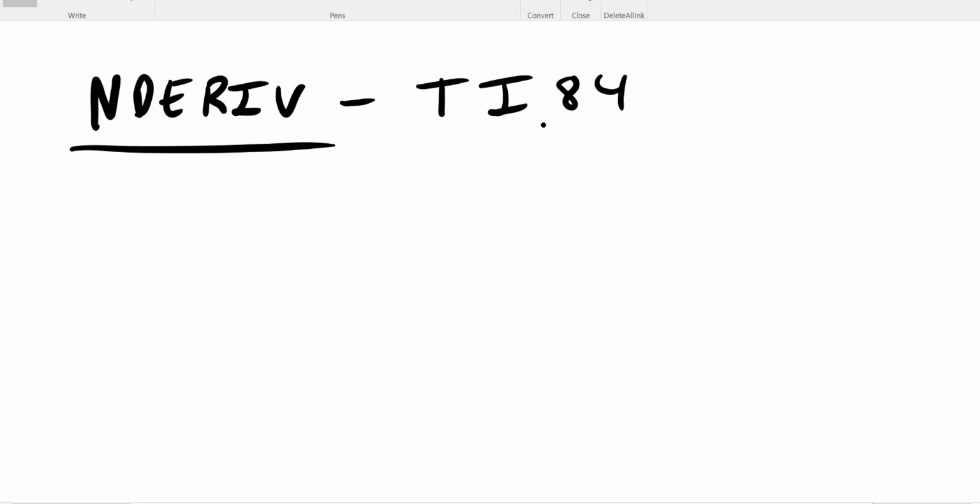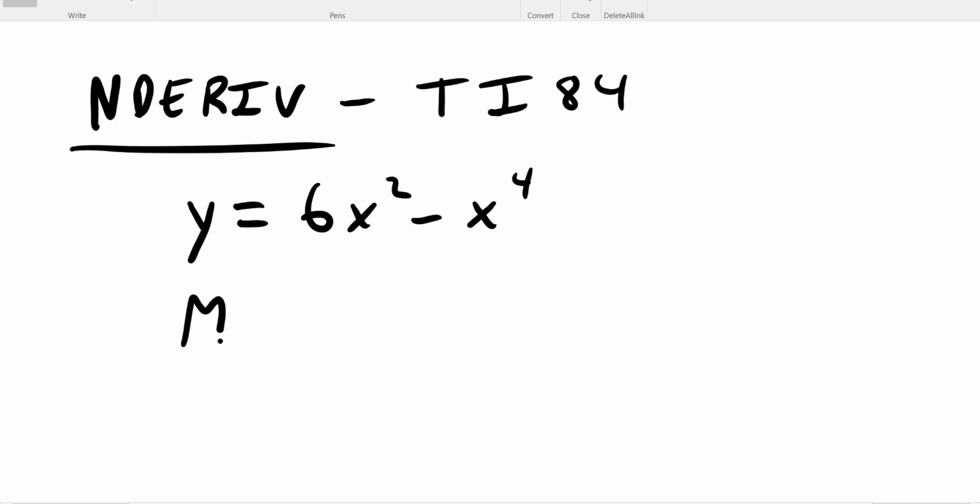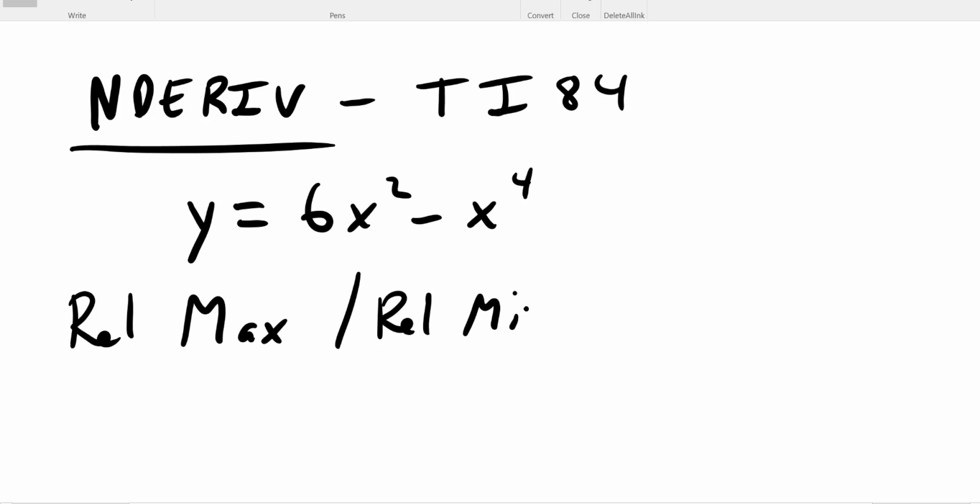I'm pretty much just going to graph this equation: y is equal to 6x squared minus x to the fourth. And then I'm going to find my relative extrema, so the relative maxes and relative minimums, using the graphing calculator and using calculus.